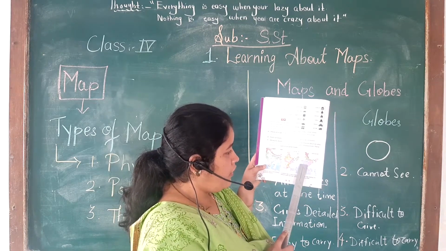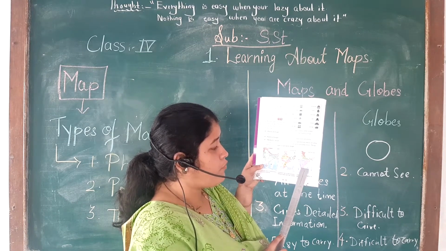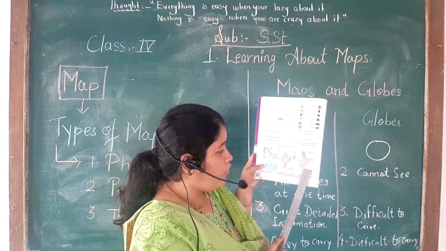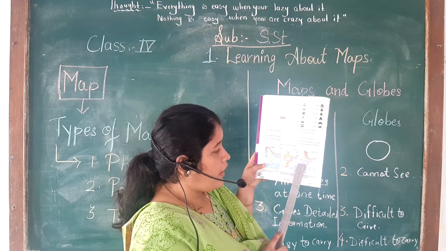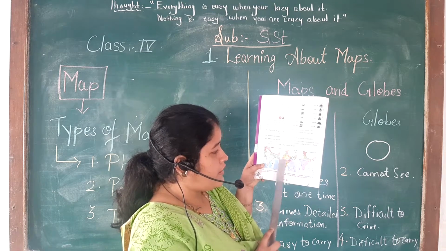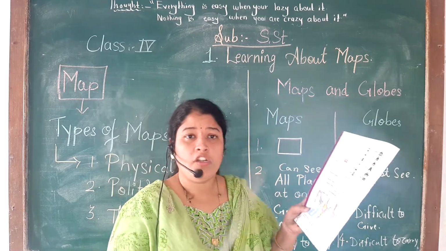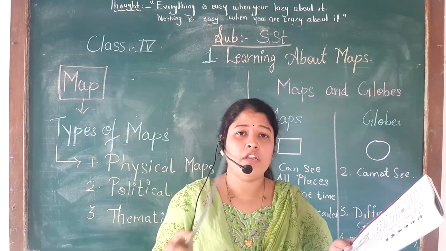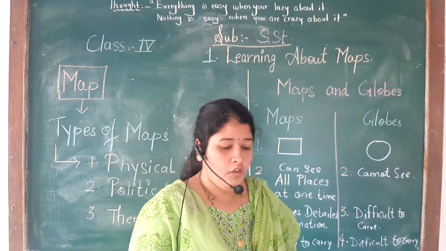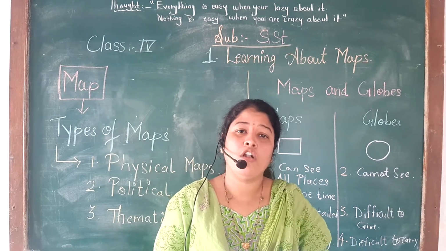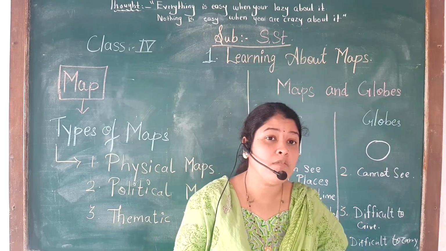Now see here, this map is showing the different types of soil. Down here a reference box is there, showing alluvial soil, desert soil, black soil, red soil, etc. So what is the theme? Soil, and based on that theme this map is drawn. So thematic maps are also called special purpose maps. Why special purpose?